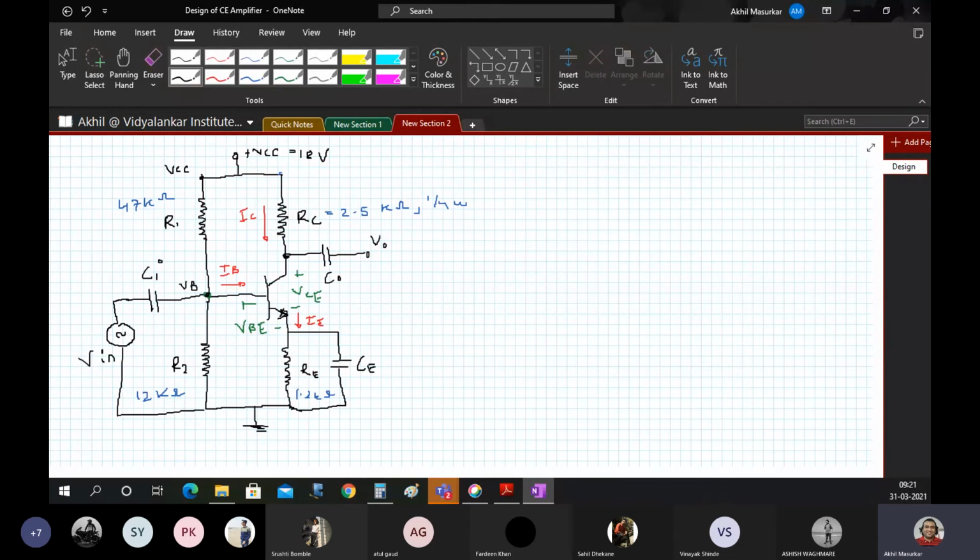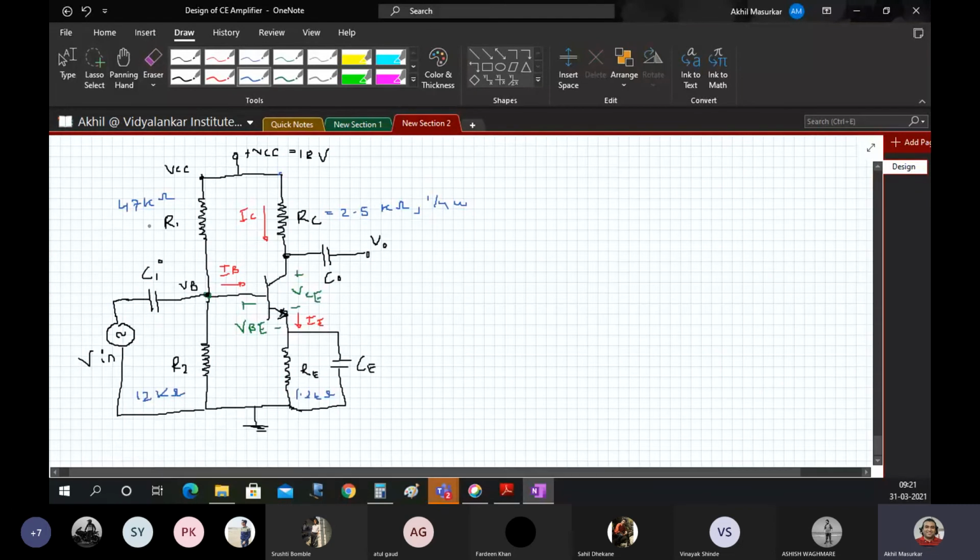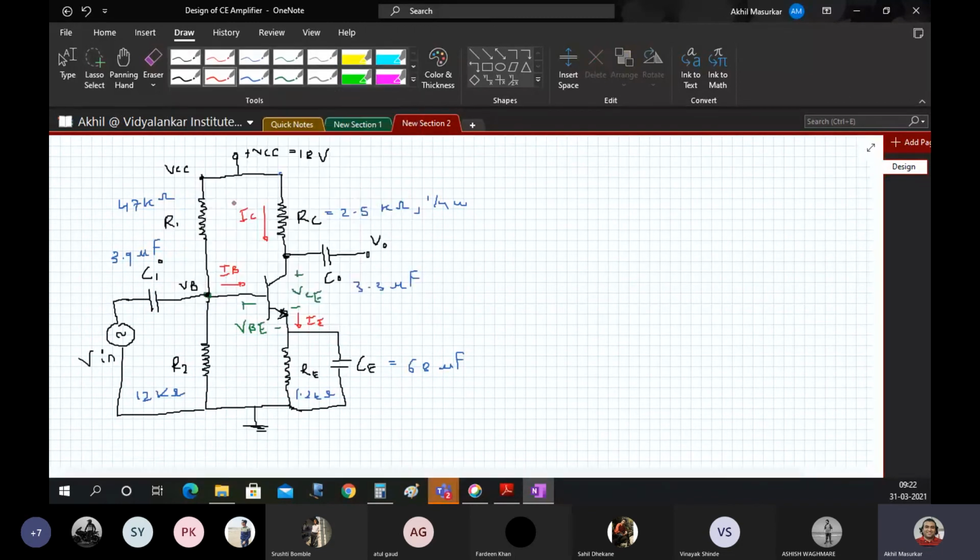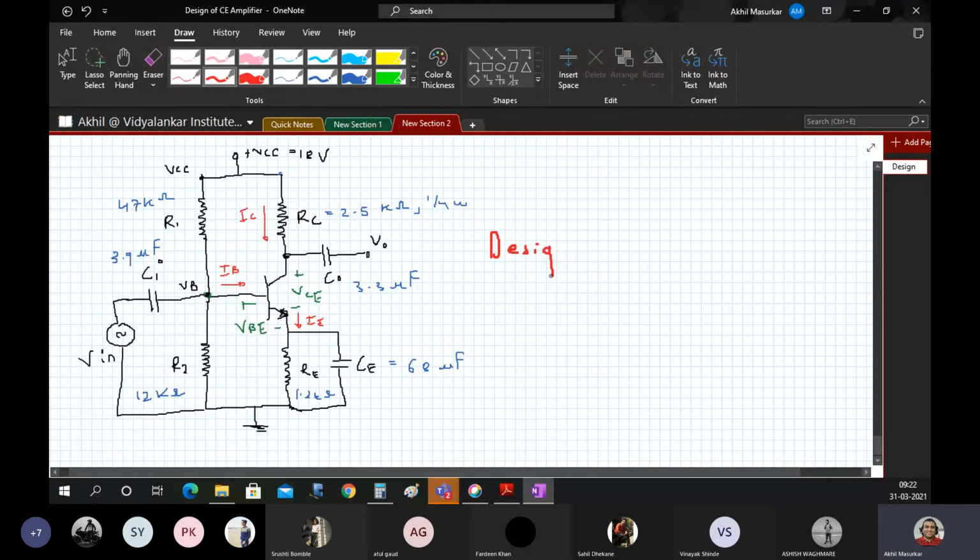So I think CI is 3.9, C0 is 3.3 microfarads and CE is 68 microfarads. So this is your design circuit.